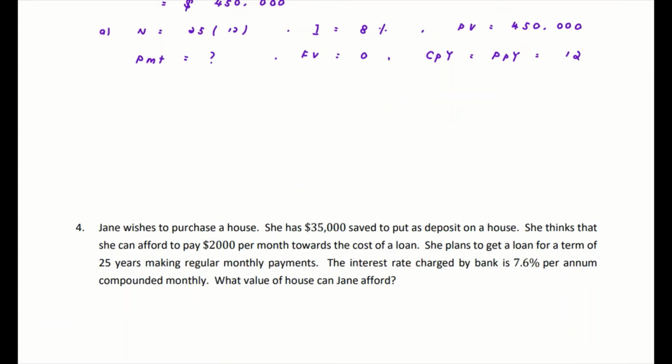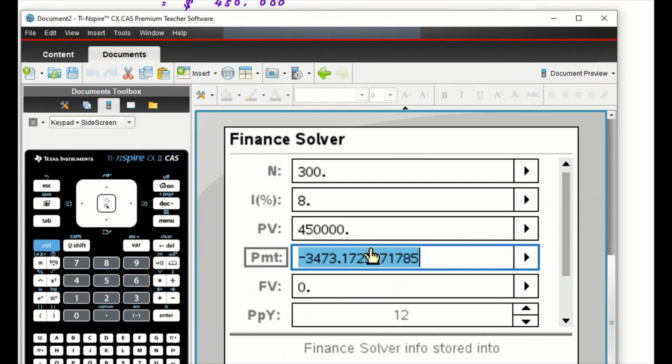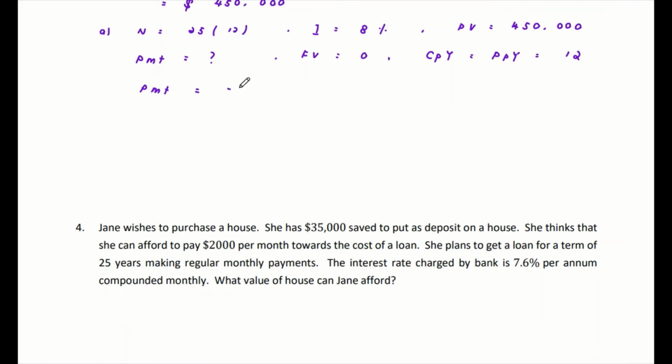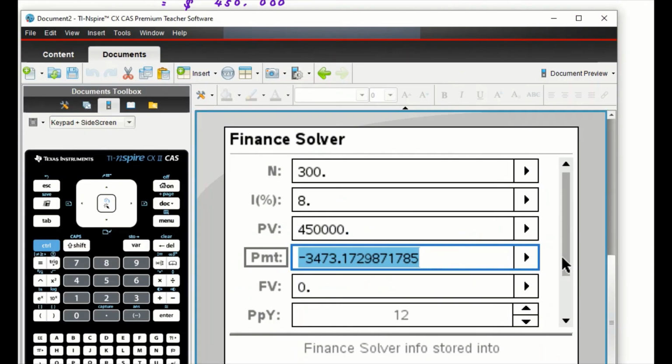So let's write down our answer first. The PMT will be equal to, in this case, we round up rather than round down, because if you only put 17, then it's not enough to clear your debt. So that's why it will be 18. So 3413.17298, try to put the full value, then 27.